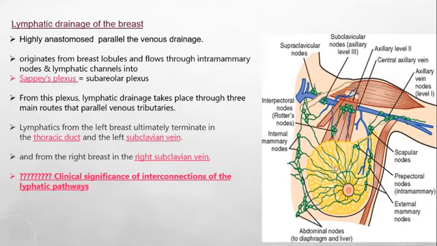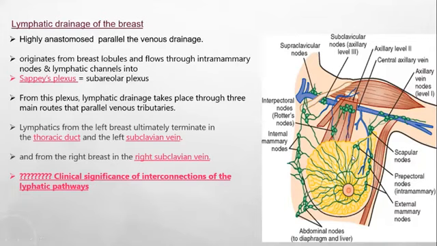It flows through the intramammary lymph nodes and intramammary lymphatic channels toward the Sappey plexus in the subareolar region. As we mentioned, this area is rich in lymphatics, and from this plexus going toward the axilla, either directly or through these chains of lymphatics.